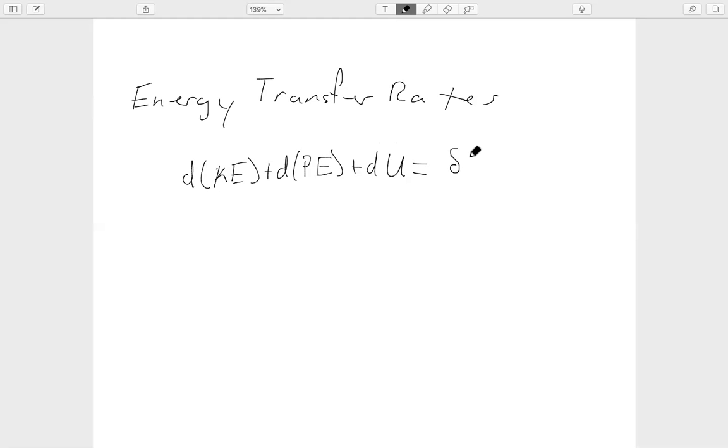And because that's an inexact quantity, we put a delta Q there, minus delta W.